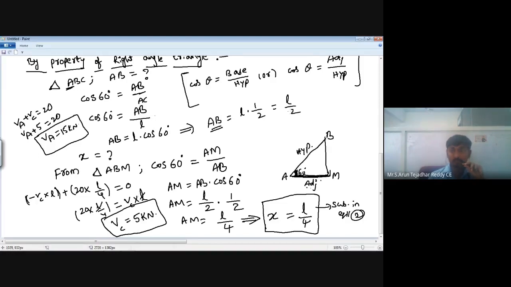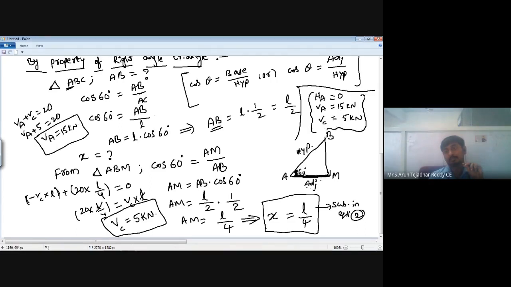So clearly the support reactions are HA is equal to 0, VA is equal to 15 kilonewton, VC is equal to 5 kilonewton.